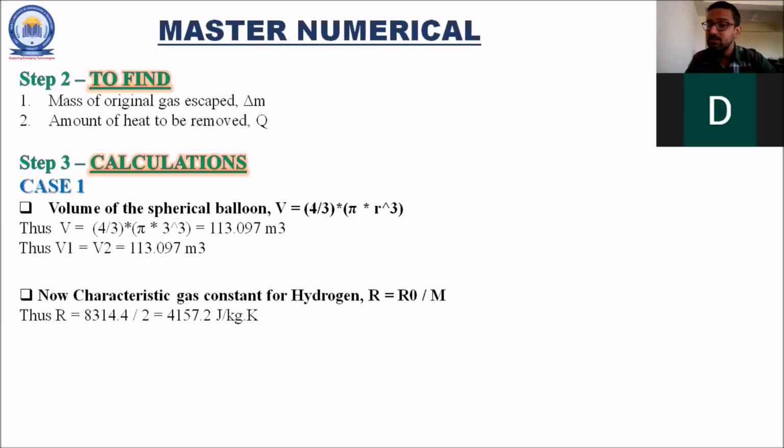The value of universal gas constant is always constant, fixed for all the gases. So that is 8314.4 divided by the molecular weight for the hydrogen, that is 2. So I am getting the answer, that is 4157.2 joule per kg Kelvin. Have you understood up till here?